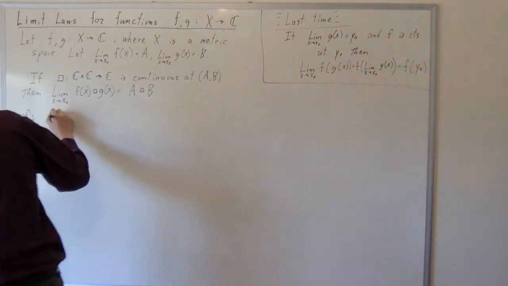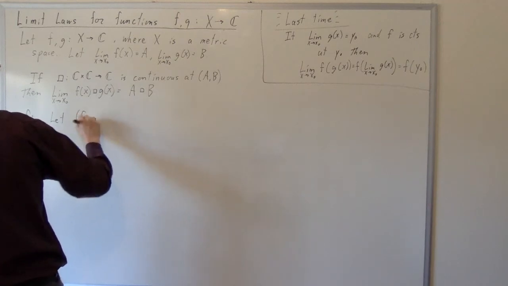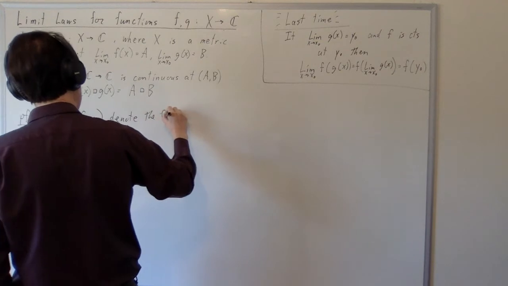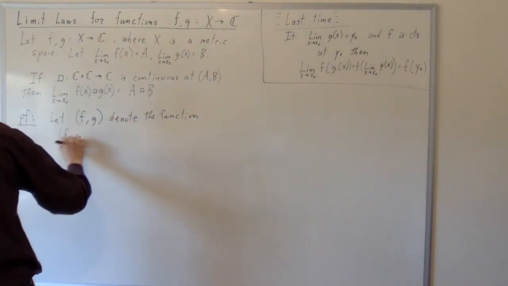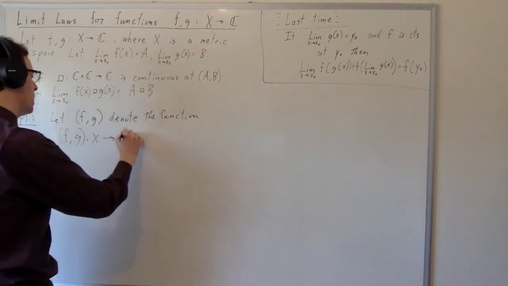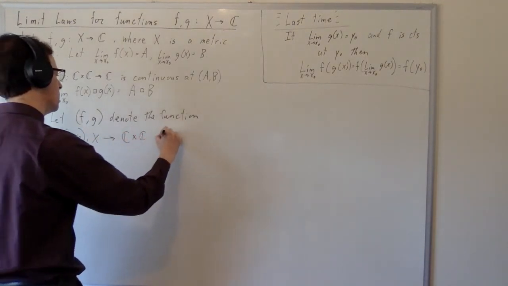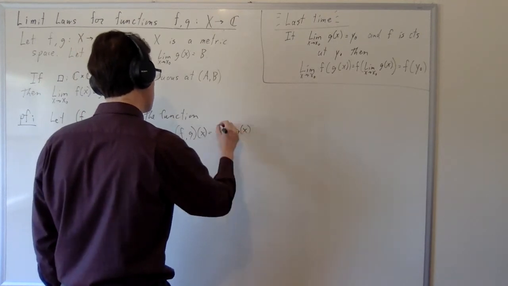So let f comma g denote the function. f comma g has a domain of x and a range of C cross C by the rule f comma g of x is going to be f of x, g of x.